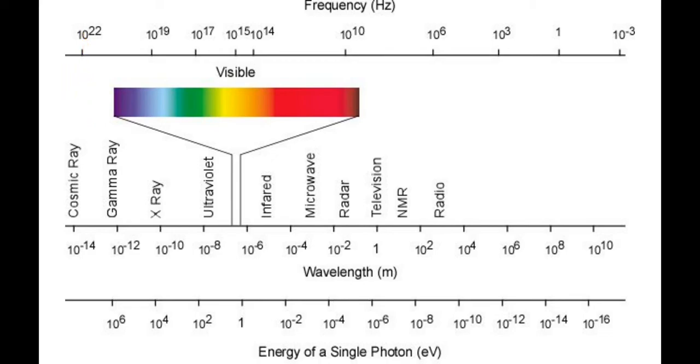Visible light is in a narrow range of about 10 to the minus 7 meter, or it is more convenient to express it in microns. A micron is 10 to the minus 6. And we can see wavelengths from about 0.3 or 0.35 micron to 0.7 micron.